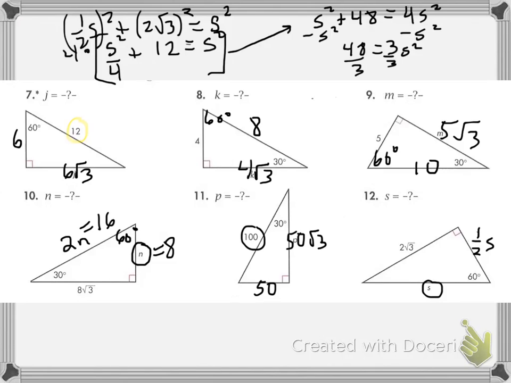Divide by 3, divide by 3. And that will get us 16 equals S squared. S equals negative 4, I'm going to reject that. S squared equals 16, which implies we only want the positive one. If you take the square root of both sides, S equals 4. So I'm going to write equals 4, and half of 4 is 2.